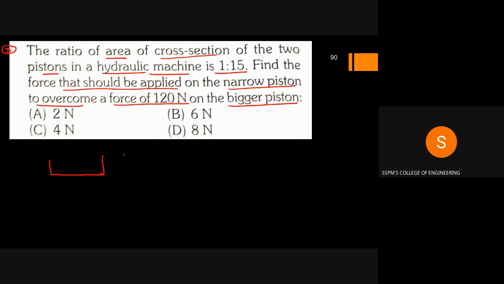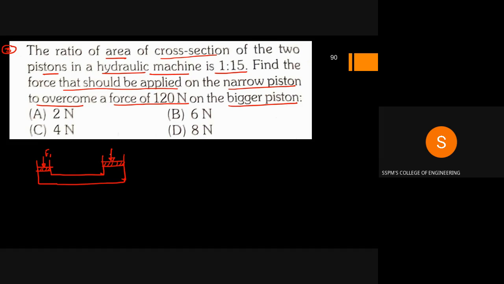So this problem is again on the hydraulic press. So this is the force on the narrow piston, which is the smaller piston. Let us take F1.